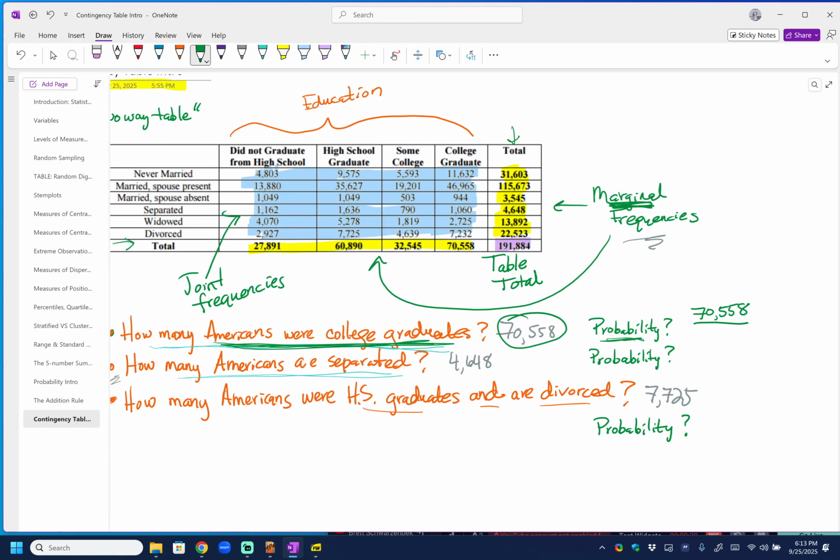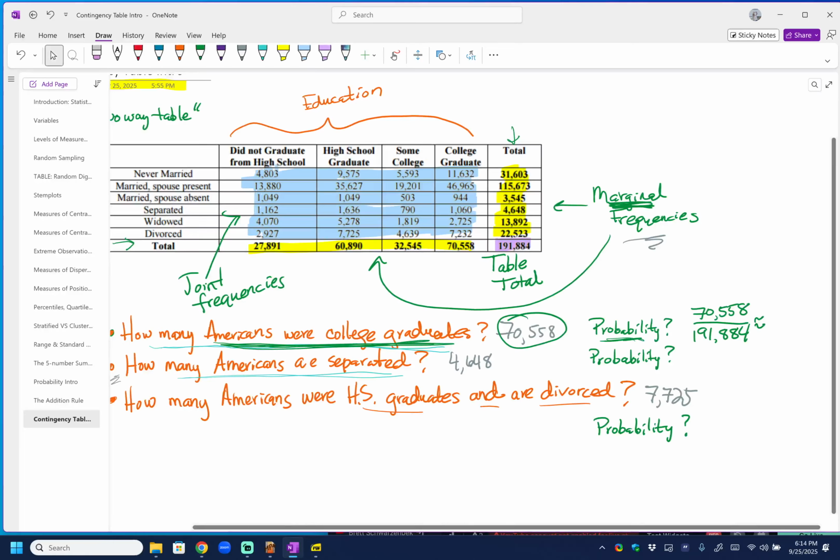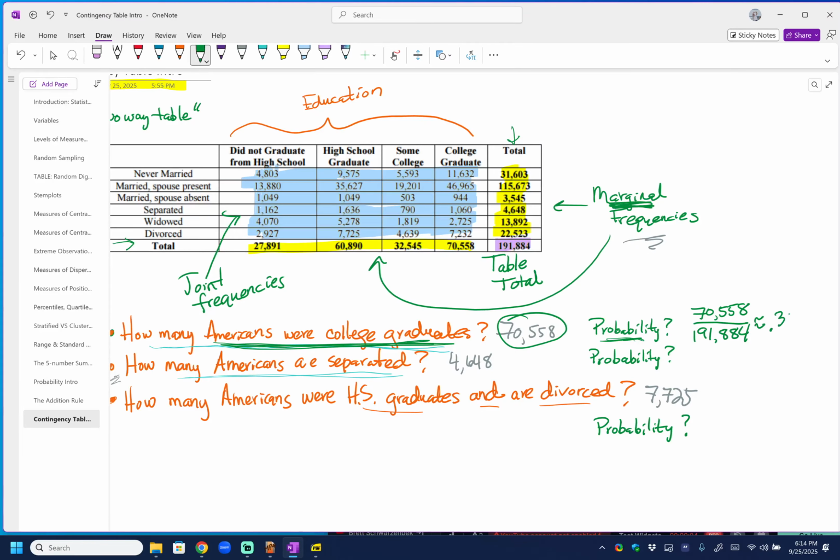Our denominator is going to be the total in the sample space, which is 191,884. If we do the calculations, we get approximately 0.3677, so about 36.7% of Americans are college graduates.